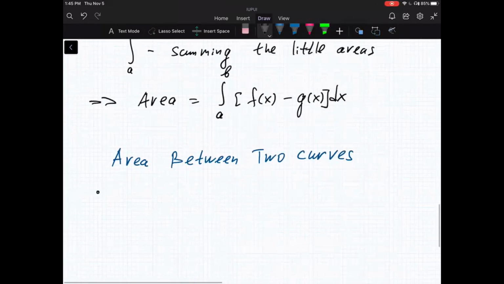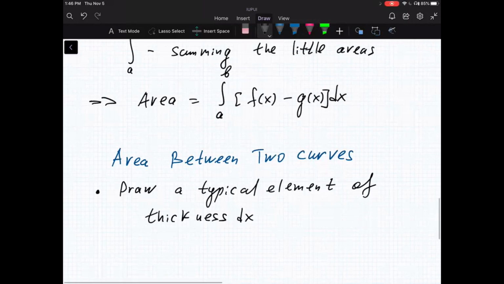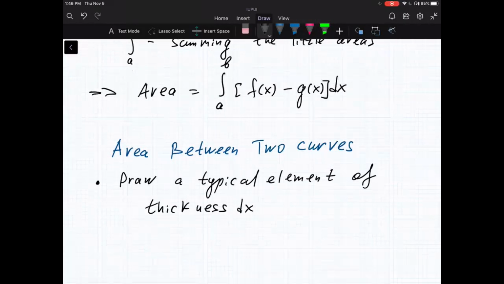So what you need to do? Need to draw a typical element of thickness dx, but now between f of x and g of x.